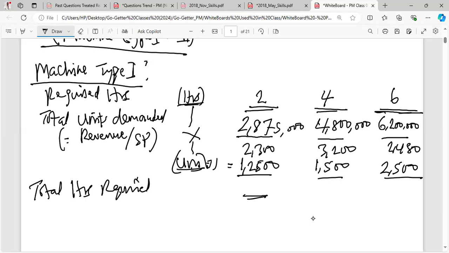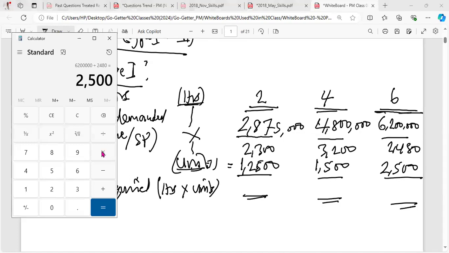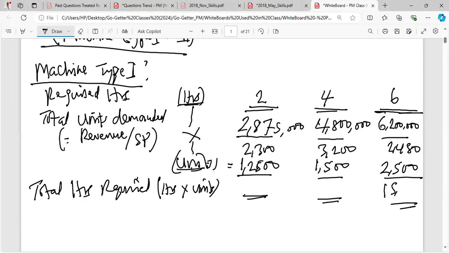So you have your answer here. So let me just say hours multiplied by units. Since I have 25 here, let me do the last one. 25 multiplied by 6 will give me 15,000.